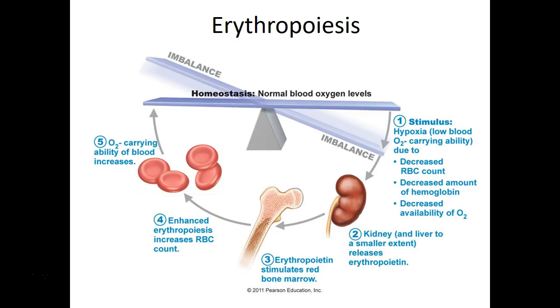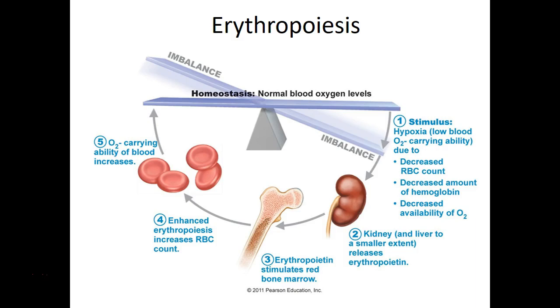Decreased amount of hemoglobin. So what's a way that can happen? Sickle cell will affect the hemoglobin structure, but think about the things that you need to make hemoglobin. Iron deficiency, exactly. Remember, if you don't have the components to build something, you're not going to be able to build as much of it. So iron deficiency, classic example. Decreased availability of oxygen.